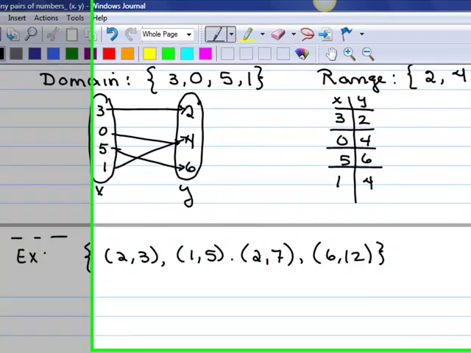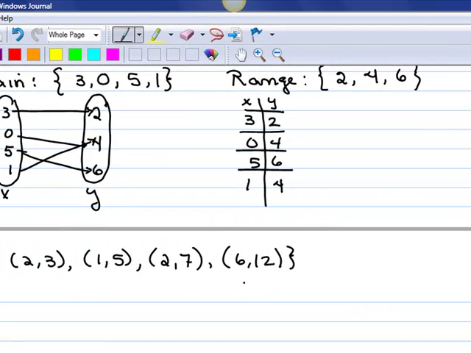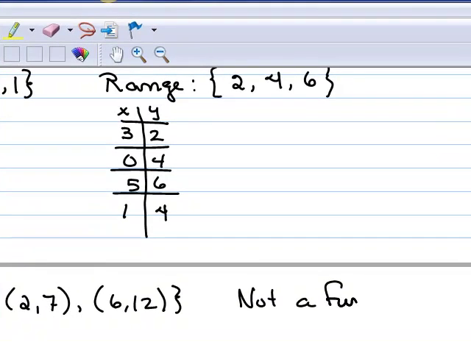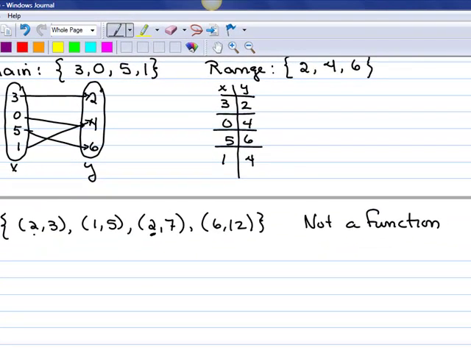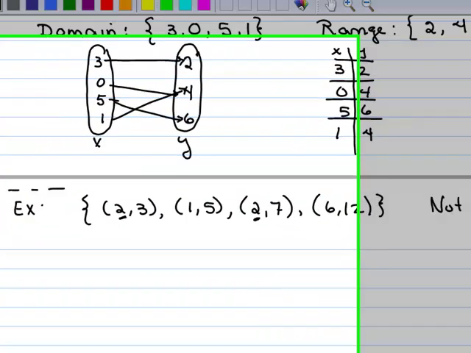By looking at this, we can tell that it's a relation because it's just a set of ordered pairs of numbers, but it's not a function. The way that we can tell is looking at the x values. The number 2 occurred twice, and so for that reason it's not a function.